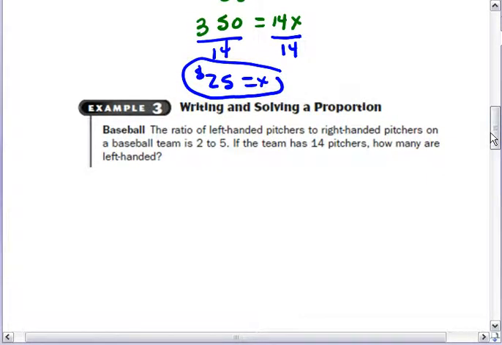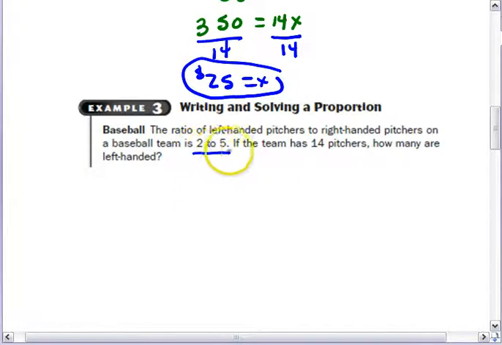The ratio of left-handed pitchers to right-handed pitchers on a baseball team is 2 to 5. If the team has 14 pitchers, how many are left-handed? All right, again, let's start by writing a proportion. They have 2 to 5 left and right-handed pitchers.